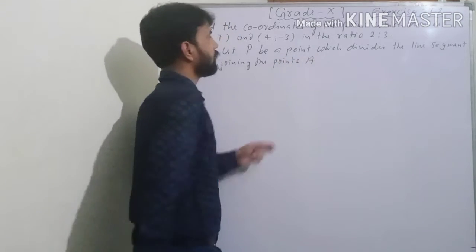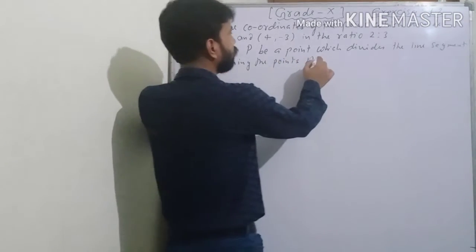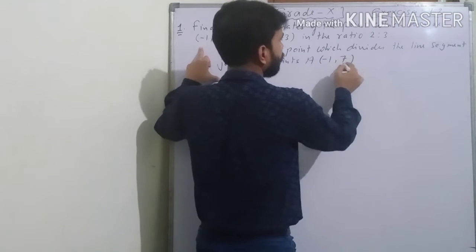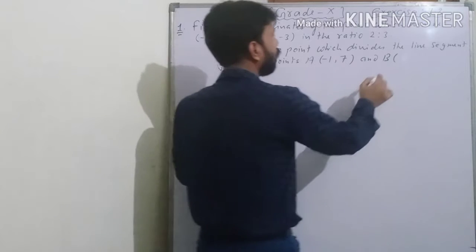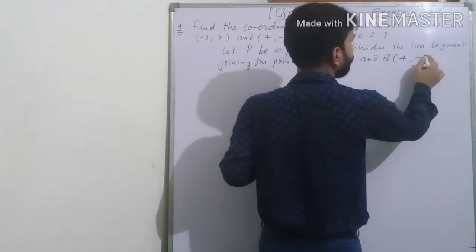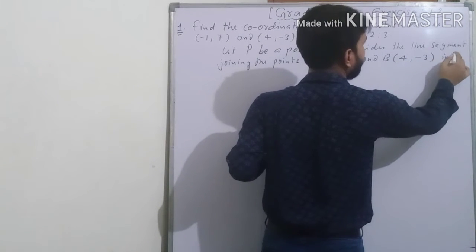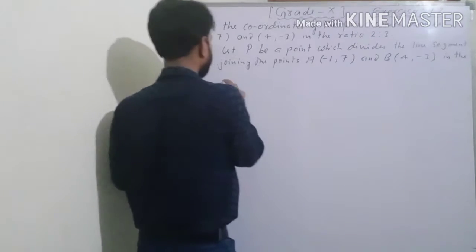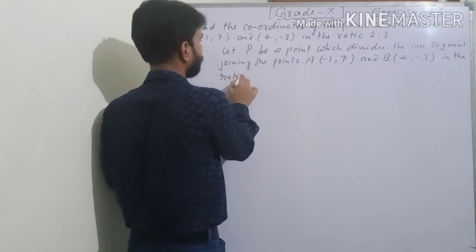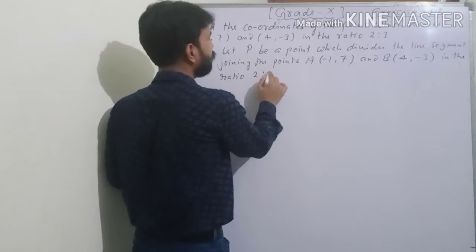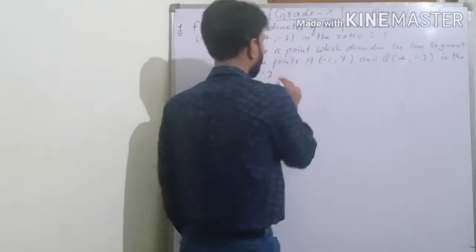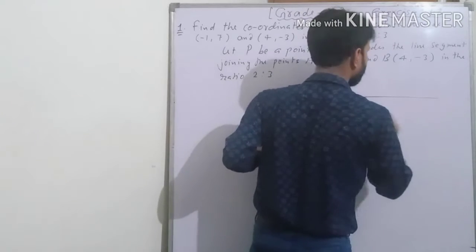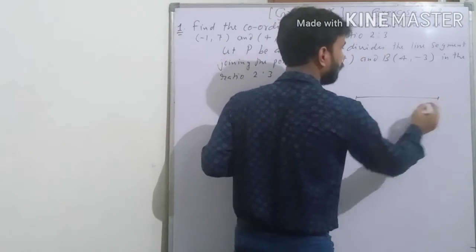The first point I considered as A, that is -1, 7, and the second point is B. Coordinates are 4, -3, in the ratio 2:3. Clear? I am just drawing a figure so that you can understand easily.